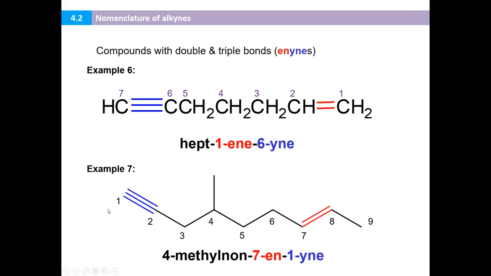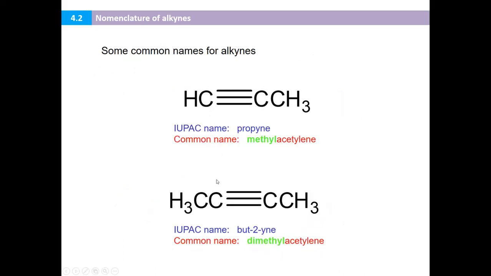So of course you choose from left to right in order to get the lowest set number, which is 8. So the location of the double bond is at location number 7, and triple bond at location number 1, and here is the location of the methyl substituent.